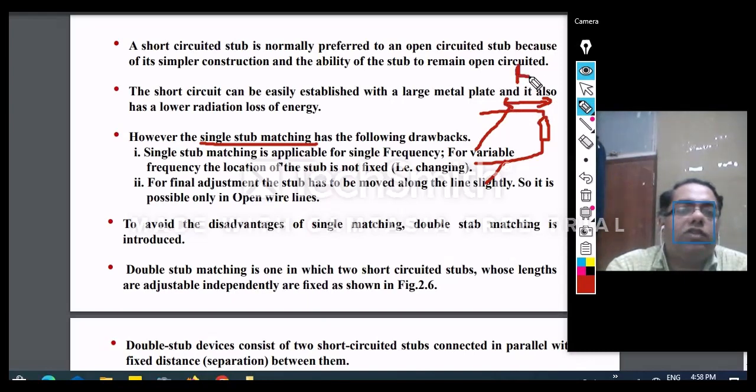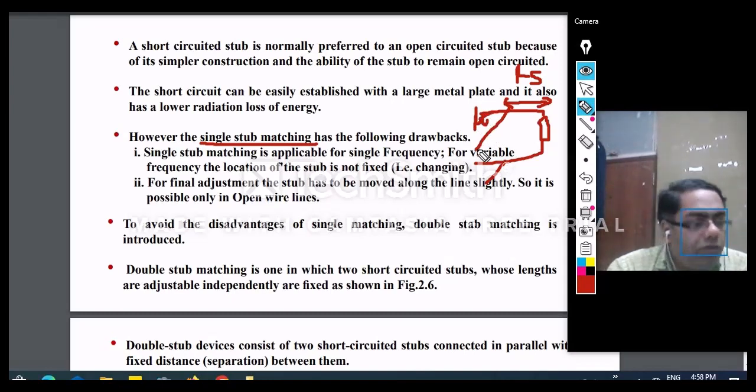We saw it is ls. So this is also a parameter that needs to be adjusted for single stub matching. One is this distance from load and another is the length of the stub. These are the two parameters.